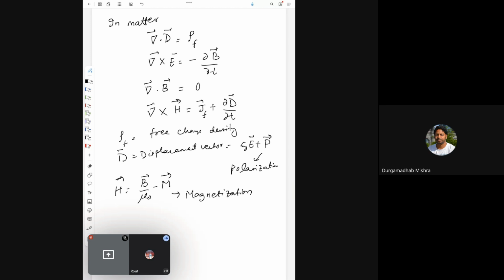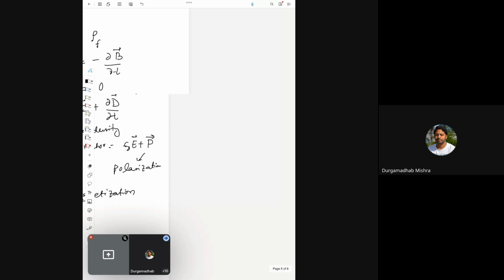There are two other things which are really crucial in electromagnetism. One is the coordinate system. Whenever you are solving something, you have to define the appropriate coordinate system, since we are dealing with vectors. We'll be using three types of coordinate systems.